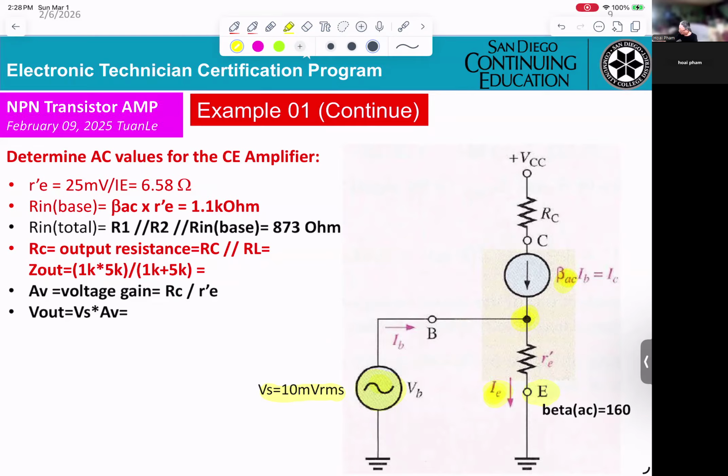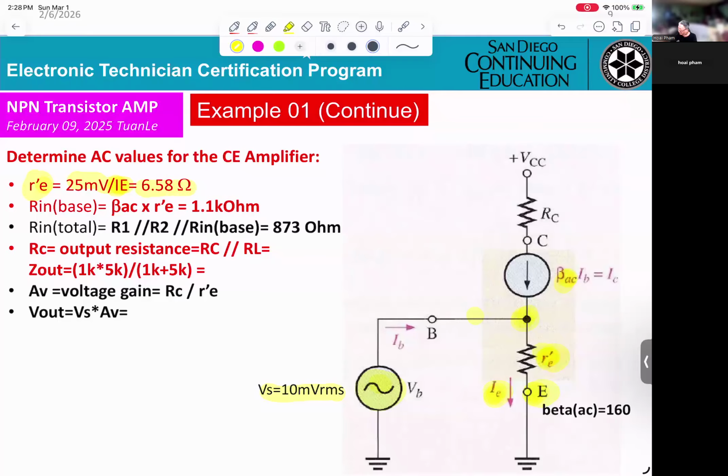This is the emitter right here, from the base to the emitter. For AC, you don't see the diode anymore, but you see the resistor r prime e. Okay? And the beta for AC is 160. First thing, we need to calculate r prime e. The formula will be 25 millivolt divided by IE.